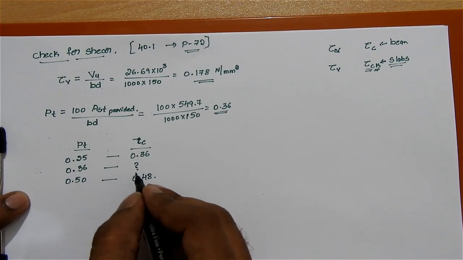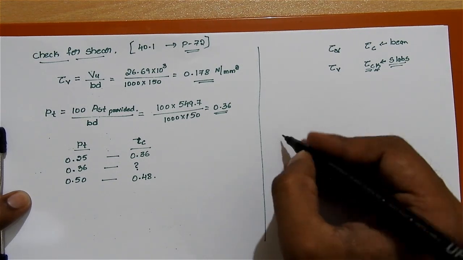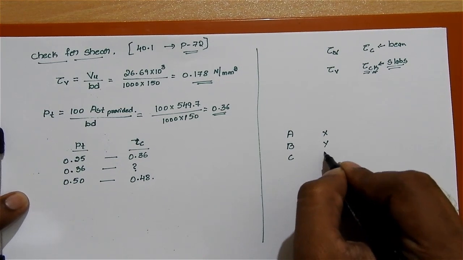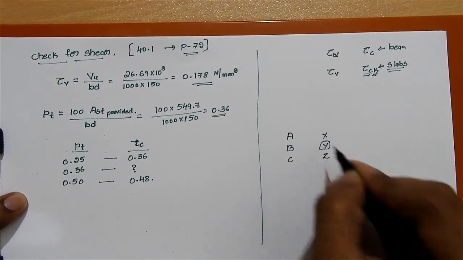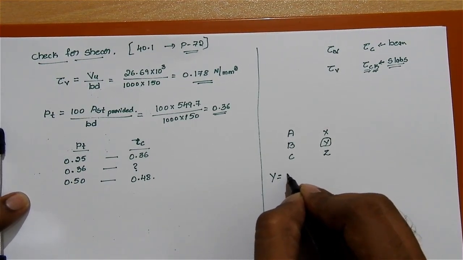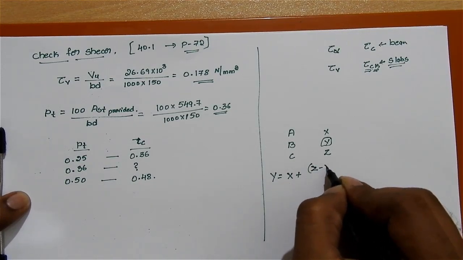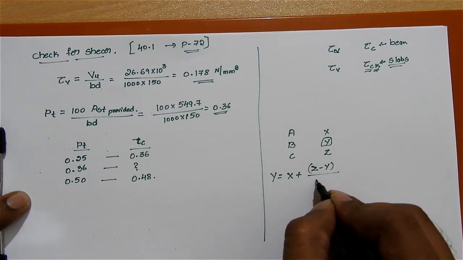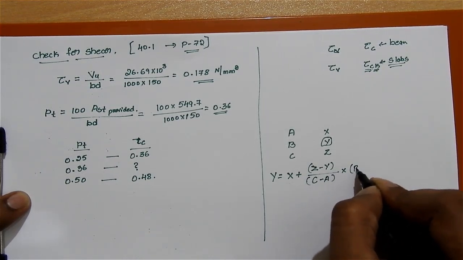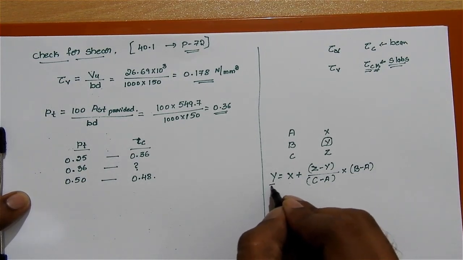So the tau c value you need to find out by using interpolation. This is of the form A, B, C, X, Y, Z, where you want Y. Y can be written as Y is equal to X plus (Z minus X) divided by (C minus A), into (B minus A). If you substitute in this formula, you will get the value of Y.